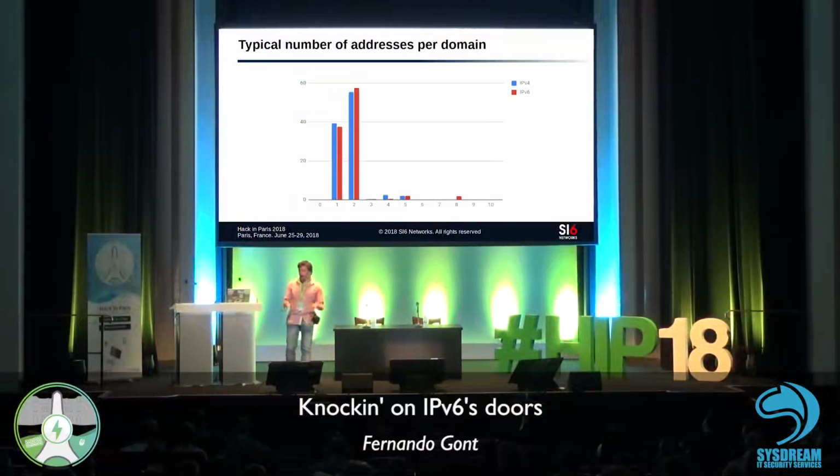As you might see, in this case, it's roughly the same. Not to mention another thing that I didn't mention, there's a lot of, let's call it nonsense, put on the DNS when it comes to IPv6. Tons and tons of people publish IPv6 addresses on the DNS, but things like loopback, multicast addresses, link local addresses, and so on.